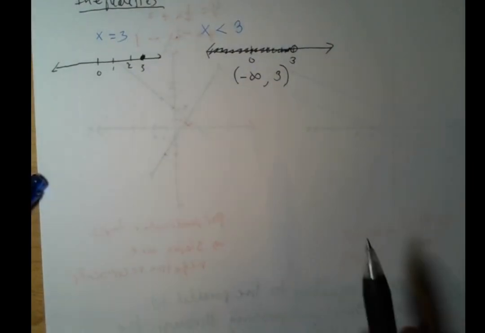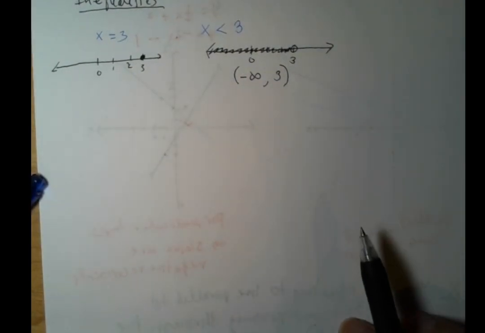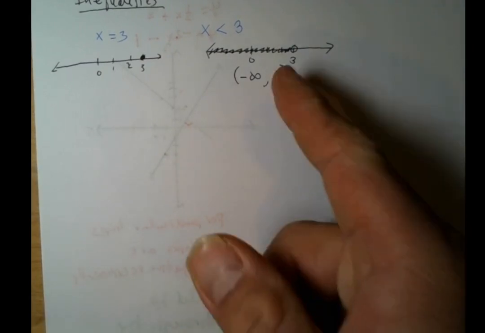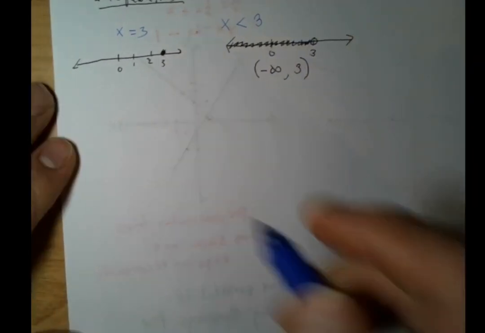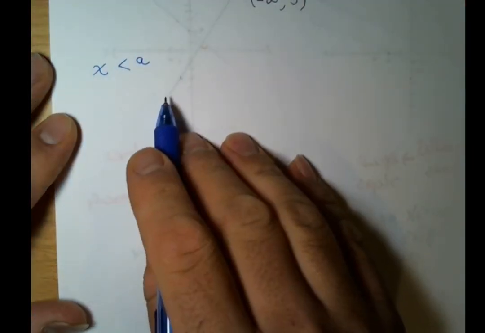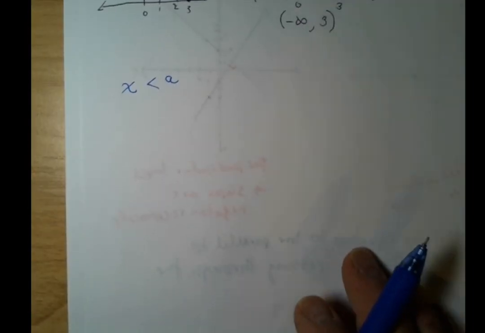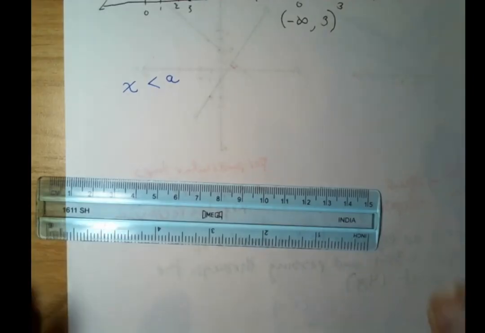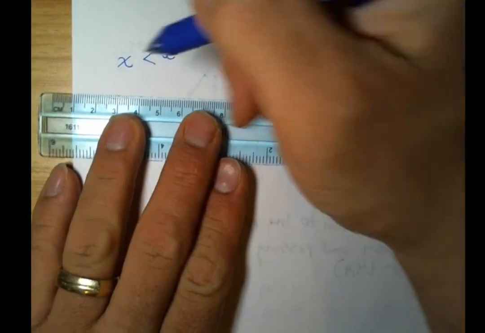Now, in terms of inequalities, we have 4 different types that we're going to look out for. We've seen one already, where now I'm going to generalize: x less than a, where a is just some real number. I'll use a straight edge to make this a little bit neater.